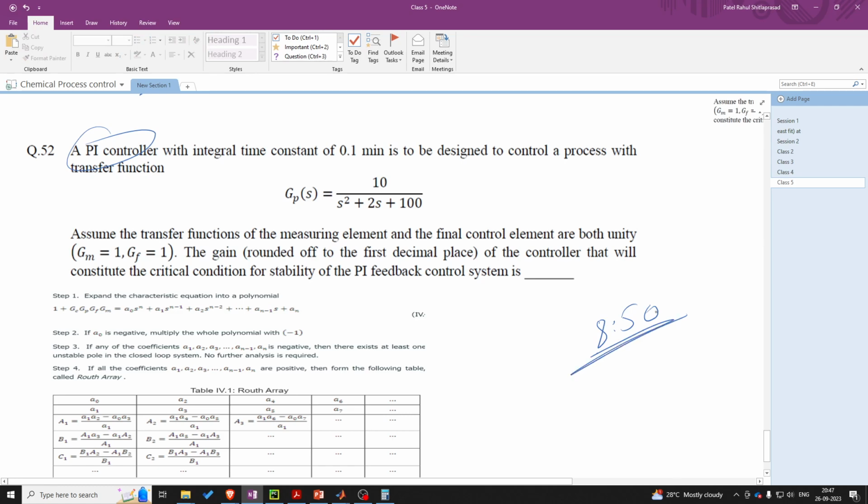This is again very similar to the previous question, but over here we have been given a fairly complex system of the PI controller and the second order process. That is the only difference, whereas the solution methodology will remain the same.